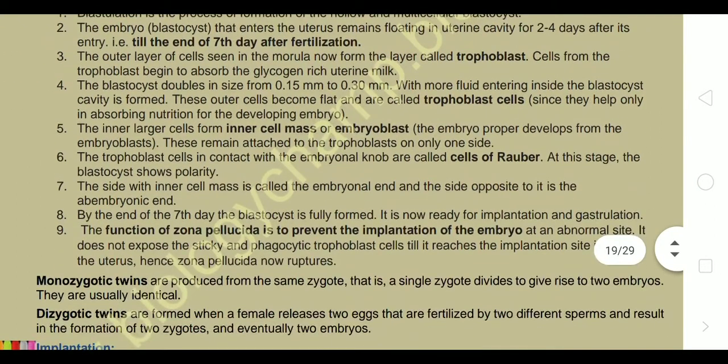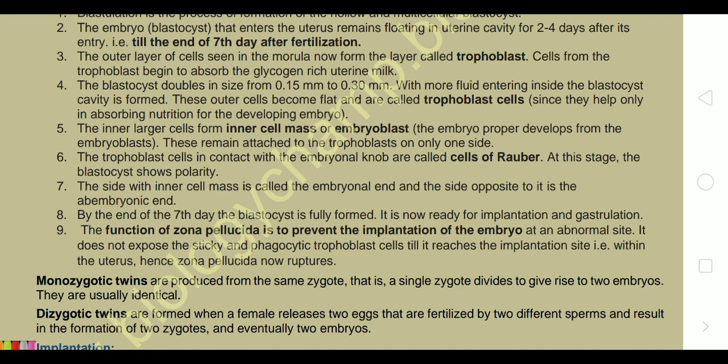And these embryoblast cells are the proper embryonic cells, while trophoblast cells are just for nutrition, which absorbs nutrition for the developing embryo.